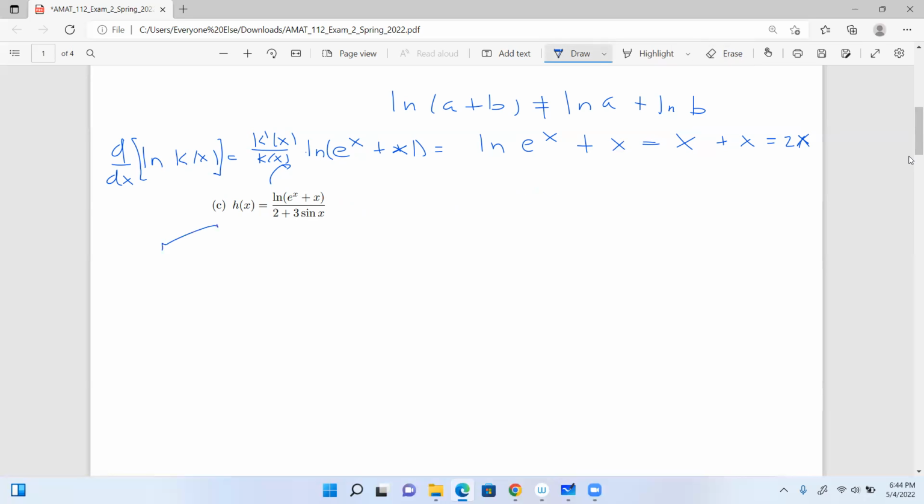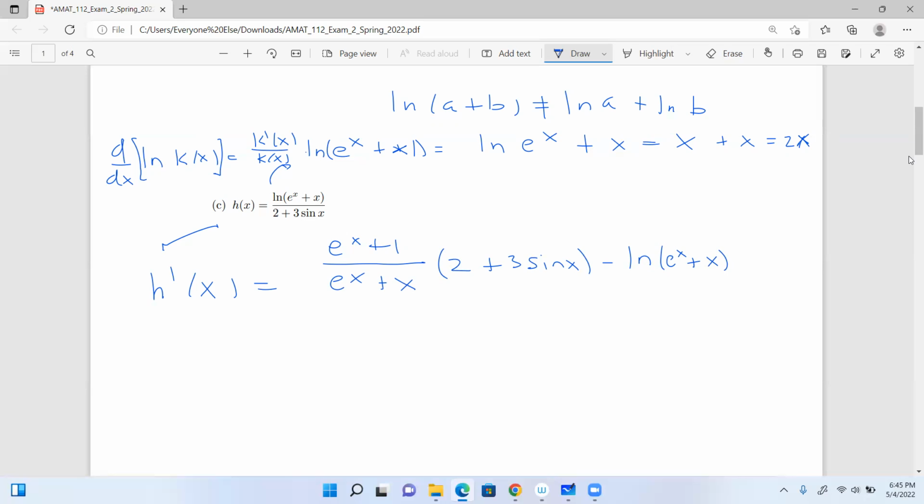So by the quotient rule, I take the derivative of the numerator, and that's going to be e to the x plus 1 over e to the x plus x times the function in the denominator, so 2 plus 3 sine x, minus the function in the numerator times the derivative of the function in the denominator.